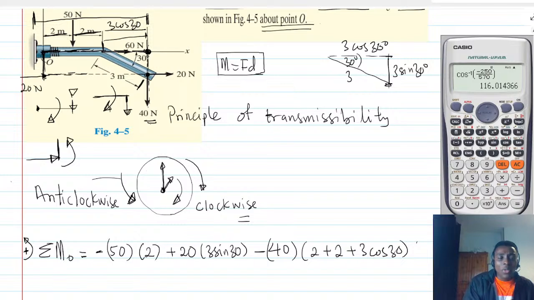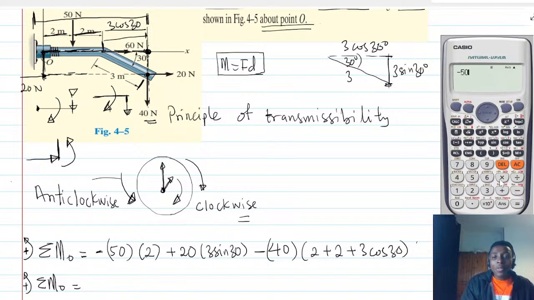So let's quickly do this and then we close for the day. All right. So what is it going to be? Let's pick our calculators. Let's do this quickly because of our time.